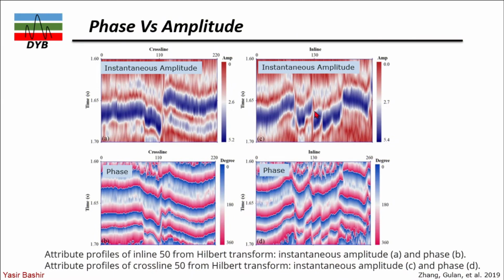So now we look at the real data. Now we focus on the phase and amplitude. On the left side, we have the phase of the instantaneous amplitude data. On the top, we have the amplitude, and below we have the phase.